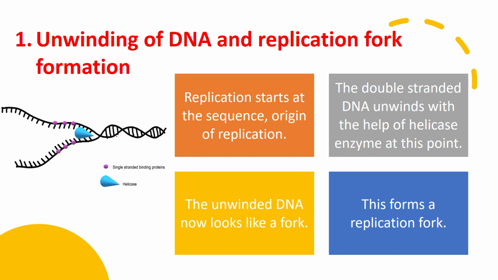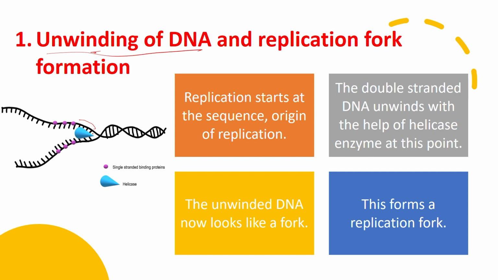That is known as unwinding of DNA, and replication always starts at a particular sequence. This is that sequence, and since it is the start, it is known as the origin of replication, and the double-stranded DNA unwinds with the help of the helicase enzyme at this point.